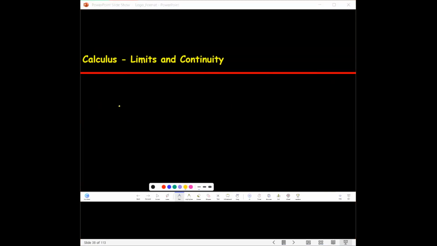Let's take a look at another problem. If z is given like this, find, or you can call it zx, and you also need to find zxx.